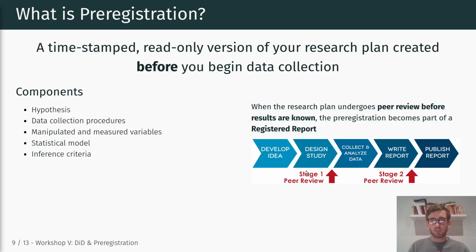Then the journal or the reviewers ultimately accept or reject that pre-registered report, and then your study is conditionally accepted prior to collecting the data, prior to knowing the results, and will very likely be published as long as after your data collection you, of course, follow the steps that were outlined in your pre-registered report, right? So when the research plan undergoes peer review before the results are known, for example, by a journal, then the pre-registration becomes part of what is called a registered report. Okay.